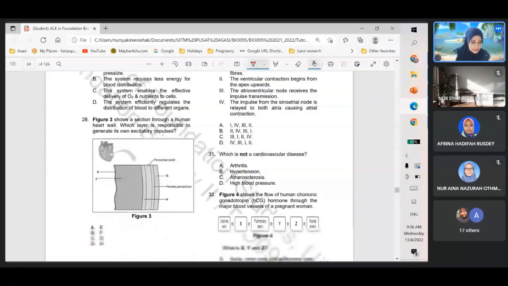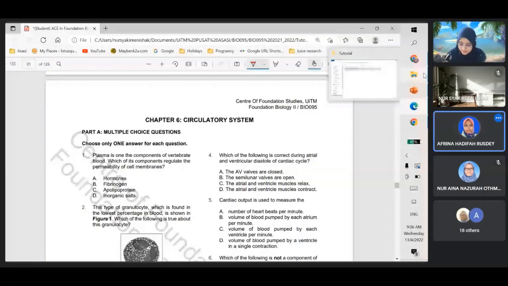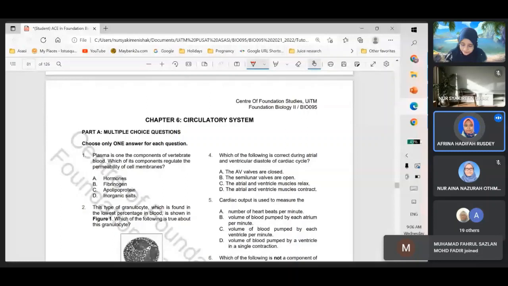Okay, so can the person read the question, give us the answer, and explain a bit why you choose that answer? So Afrina, please. Plasma is one of the components of vertebrate blood, which of its components regulate the permeability of cell membranes.